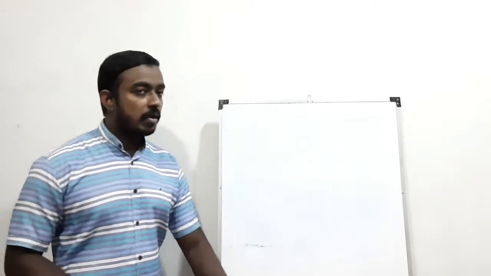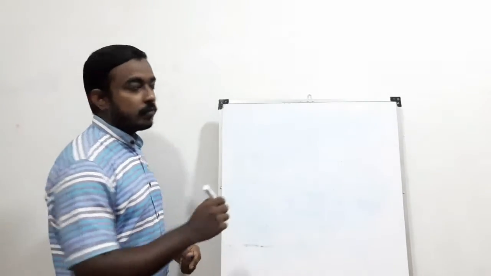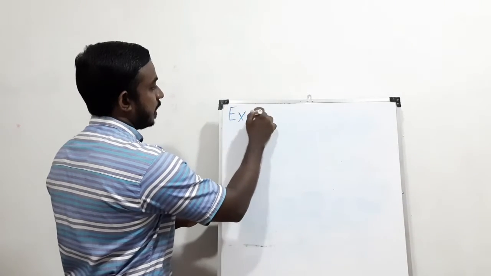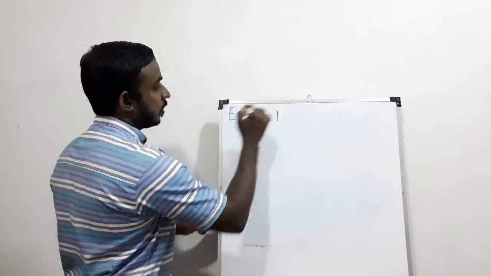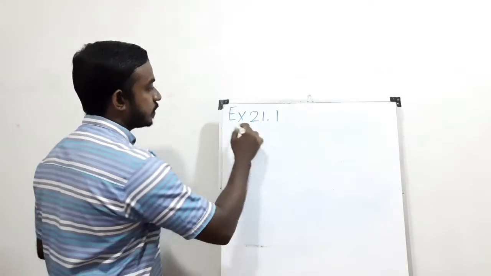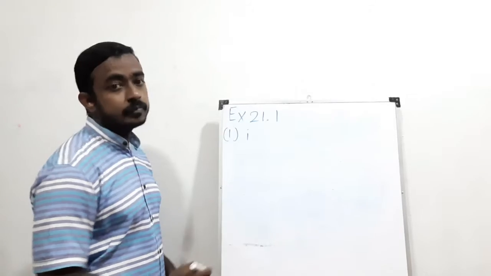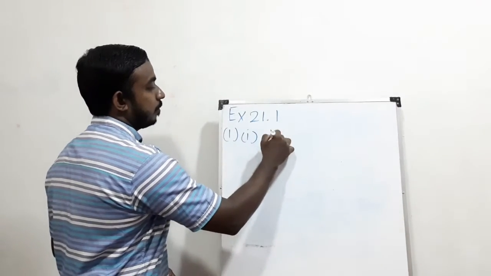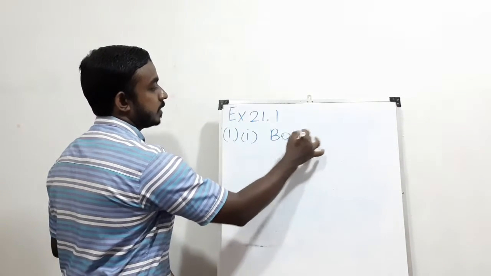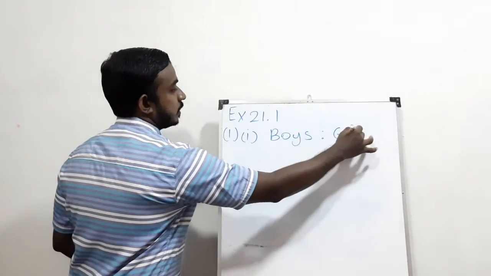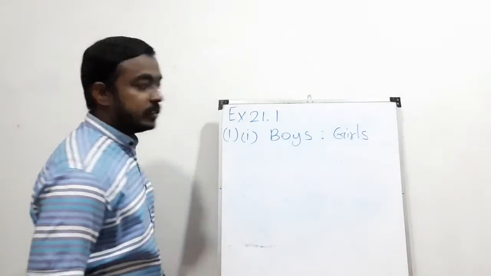So here, first of all we have to write the correct exercise number, that is exercise 21.1. And for the first question, for Roman number 1, we can write boys and girls.